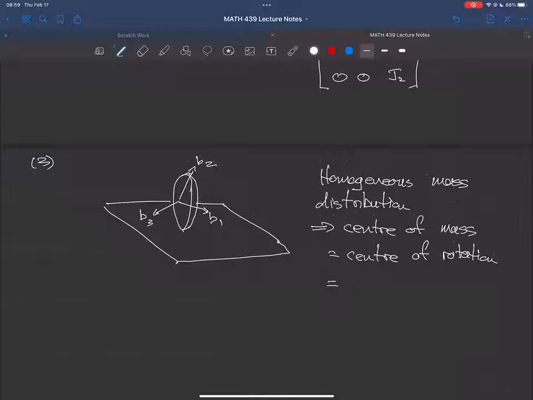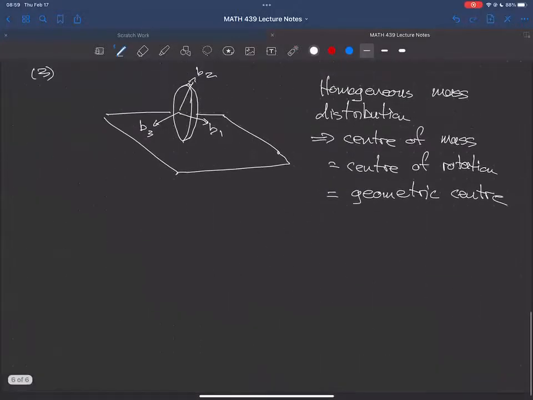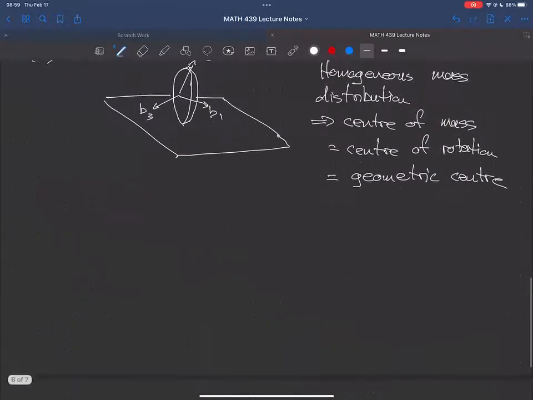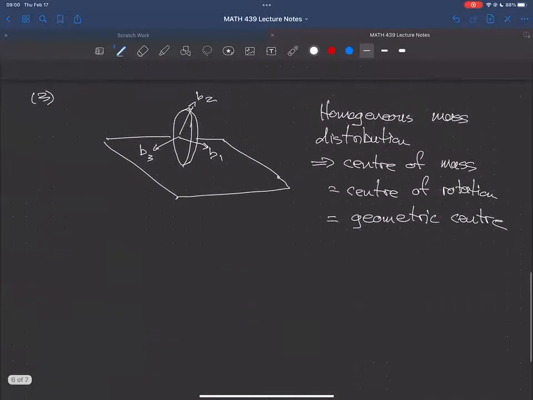Okay, and this is also the geometric center of the body, if the body's shaped like I wrote it there. Okay. All right. So that's a simplification that I can make, and again, that doesn't have to be true, but if it isn't, then the modeling of this example is actually a lot harder. Okay, so what's the inertia tensor look like?